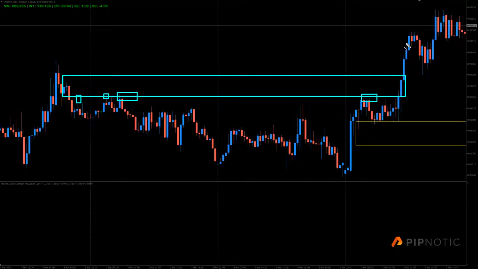And so you have to ask yourself the question, well, what's the origin of the move that enabled price to trade above this area of supply here? And the origin of the move is where price had to go to prior to the release.